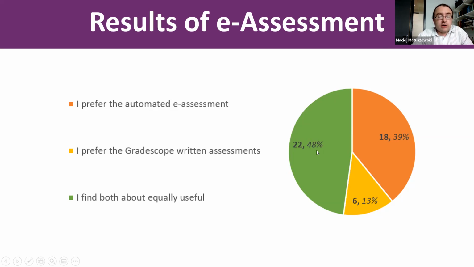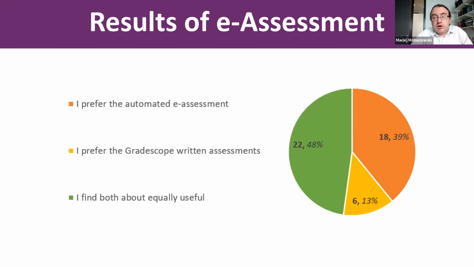A lot of students found both types of assessment equally useful, and this is kind of what we expect. The reason why we have both is because we think that these 2 different types of assessment can test different mathematical skills. So both are useful.